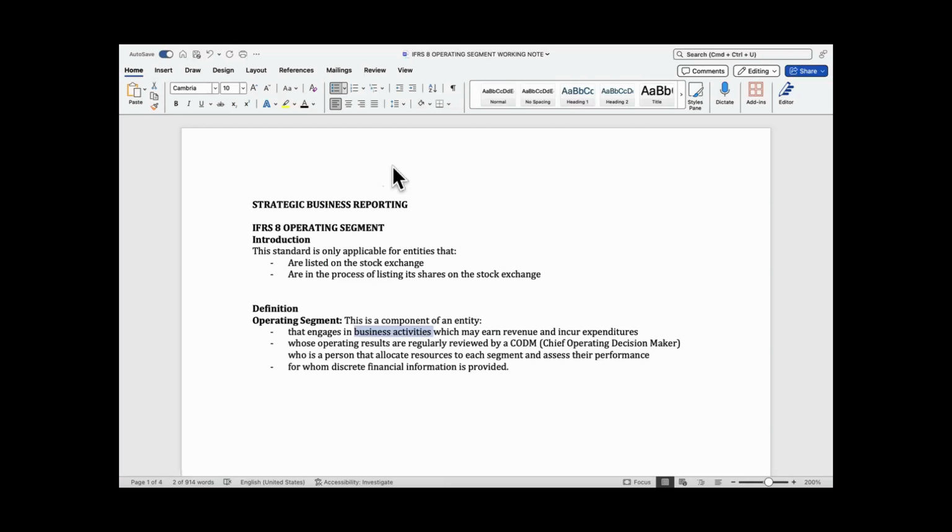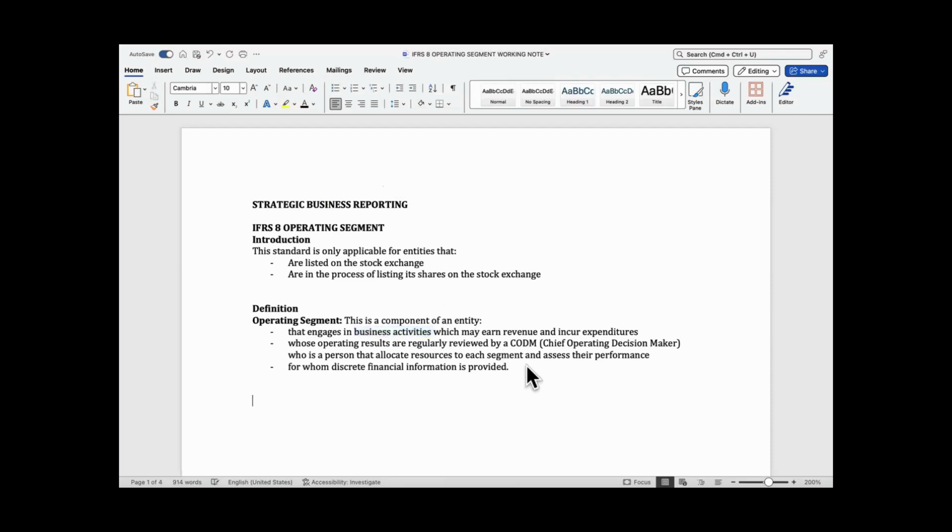No, those ones are not operating segments because they are not carrying out business activities. They are just incidental. They are just assisting the other major segments. Those other ones that without them, we cannot function. Without them, we will not be able to make more money. Those ones are actually operating segments.